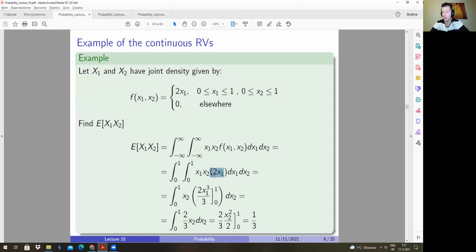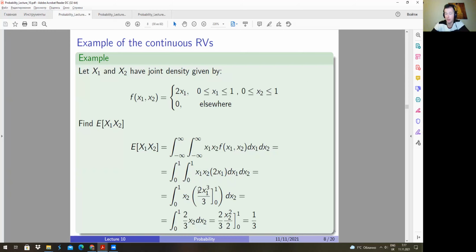So that's why you can choose which variable to integrate first, which second. So we start with x1. So basically x2 is just a constant. I put it here. And then I have 2x1 squared.